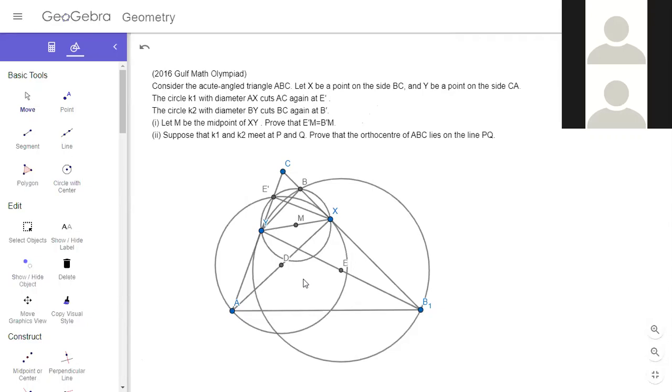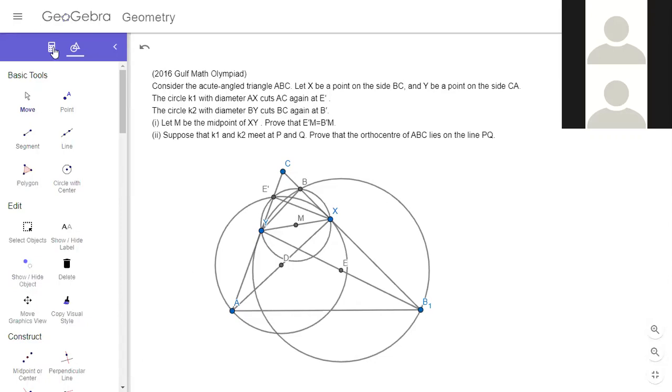That's interesting. So basically, this one is obvious because if we take any two cevians of any triangle, then the circles drawn with diameters as cevians would always have the orthocenter as the radical center.